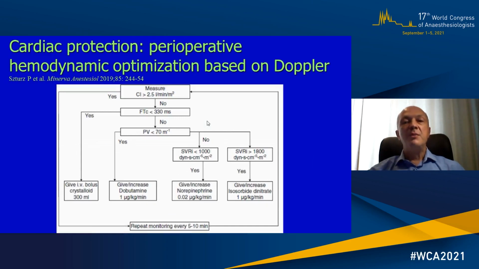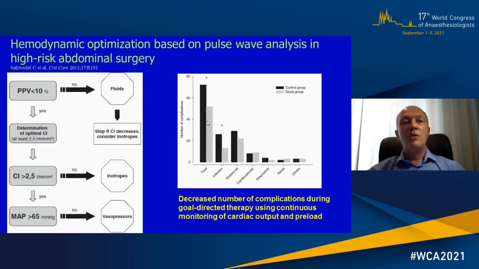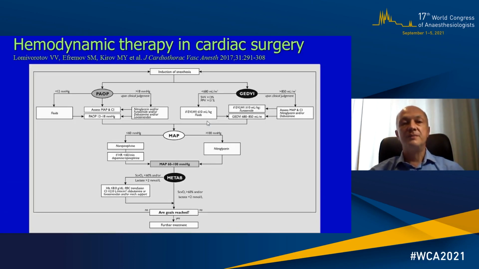For perioperative hemodynamic optimization, we can use different parameters based on Doppler, like flow time in this case, or pulse wave analysis, like pulse pressure variations, cardiac index, and mean arterial pressure as orienters for fluid, inotrope, or vasopressor therapy. In this multicentric study, we have shown that this goal-directed strategy can be accompanied by a decreased number of complications.